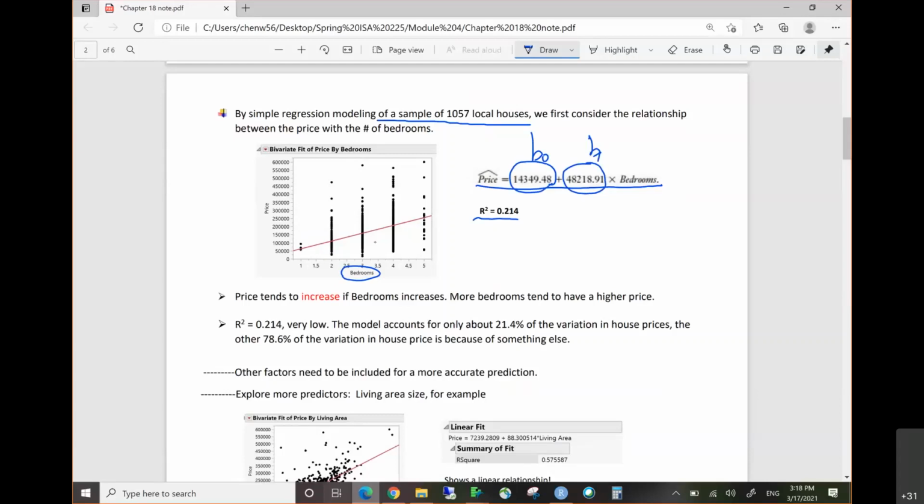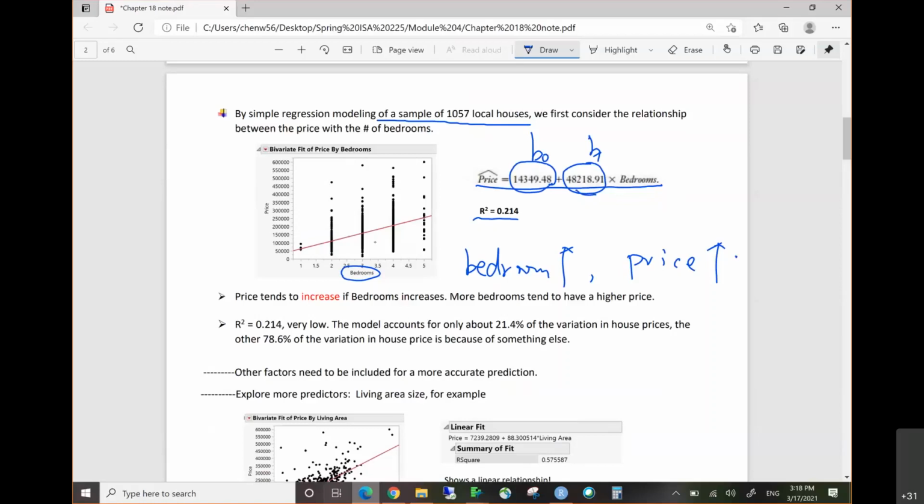If you have one more bedroom, then the house price will increase by about $50,000. It makes sense because the more bedrooms, the bigger the house, and the higher the price. The number of bedrooms increases, then the price also increases because it is positive.